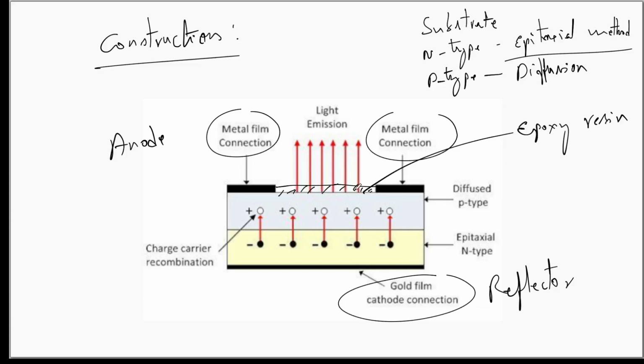To overcome the total internal reflection, we use a thin layer of epoxy resin. The epoxy resin acts as a refractive index matching fluid. Thereby, it prevents the total internal reflections. We have taken the P-type material as a thin layer because the emitted photons should not be reabsorbed.